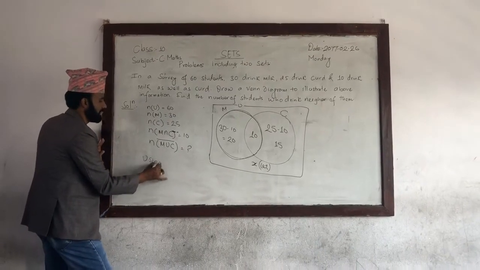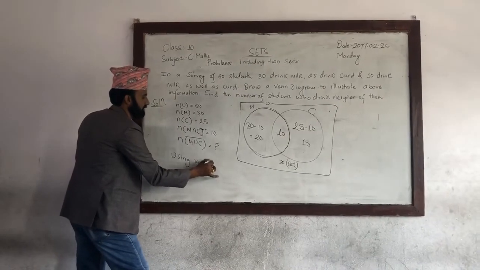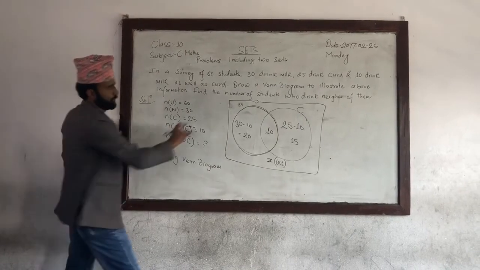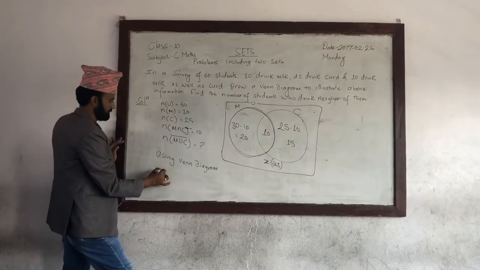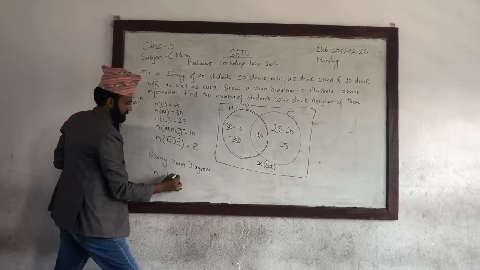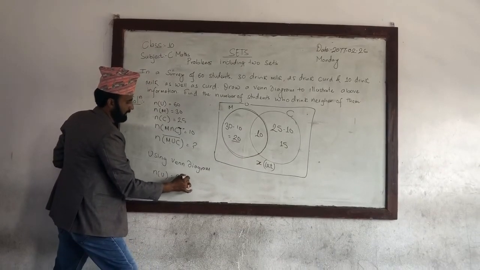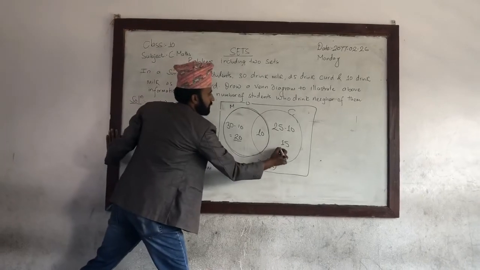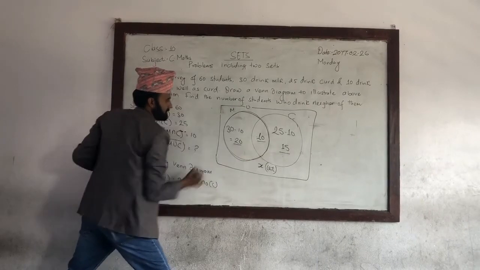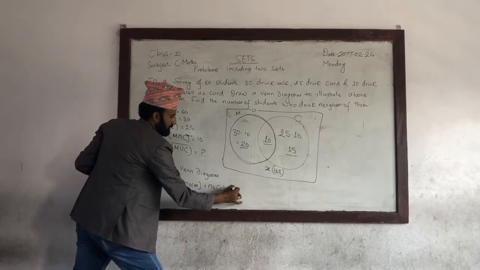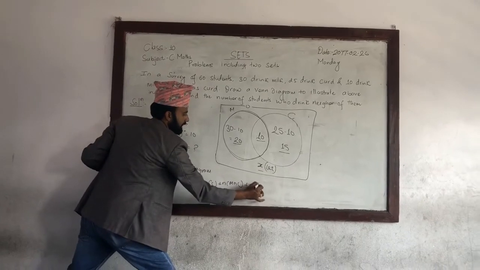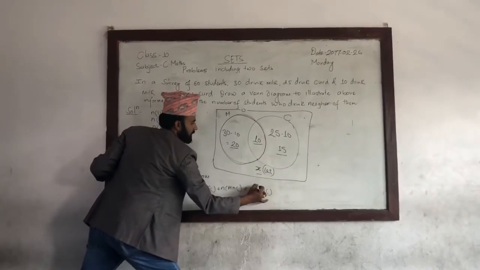Using Venn diagram, n of U, total number of students. n of U is equal to this only milk plus only curd plus milk intersection curd plus this, M union C complement.